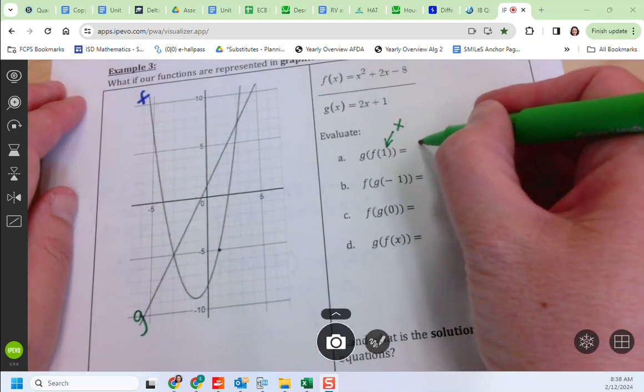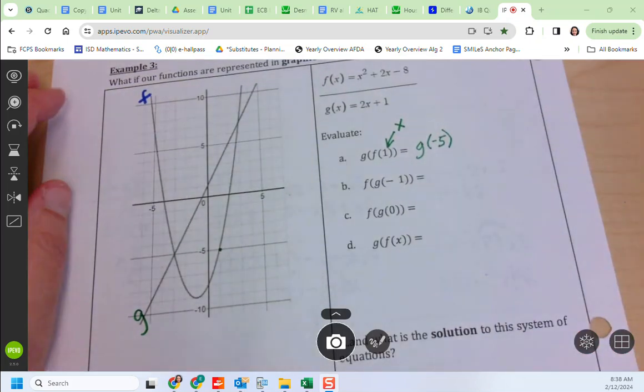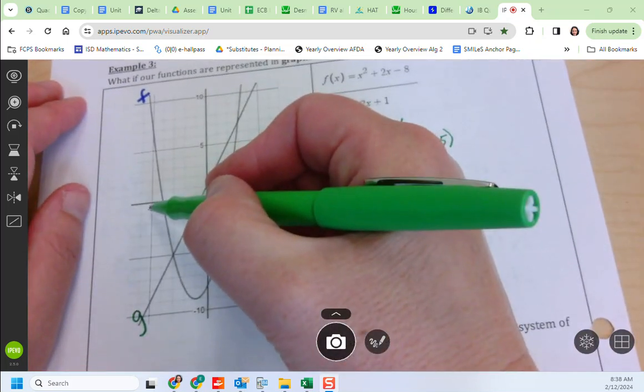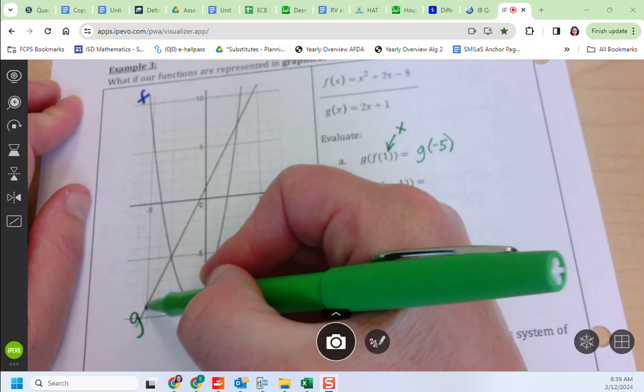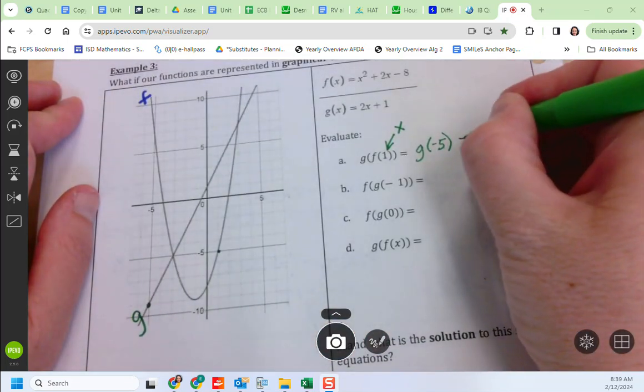So now I'm going to do g of negative 5. F of 1 was negative 5, and now I'm going to do g of negative 5. So now I go to negative 5, and I have to go to function g, which is down here, and I get negative 9.